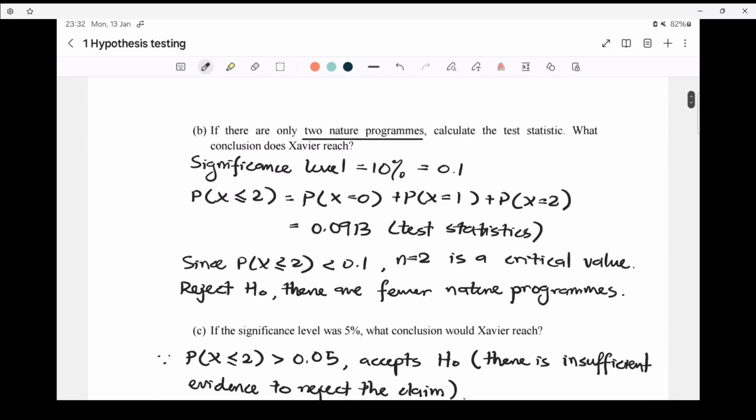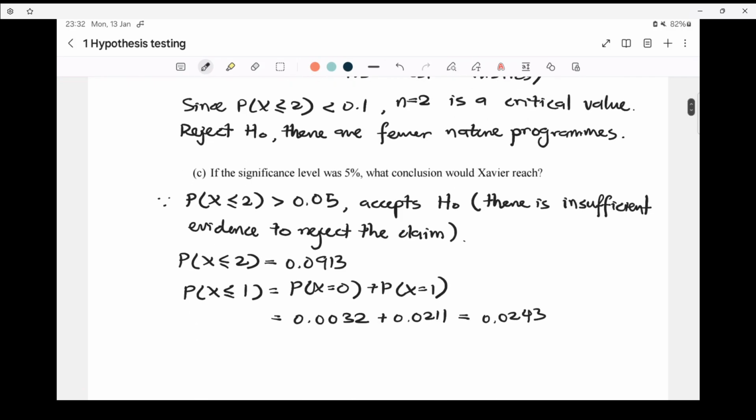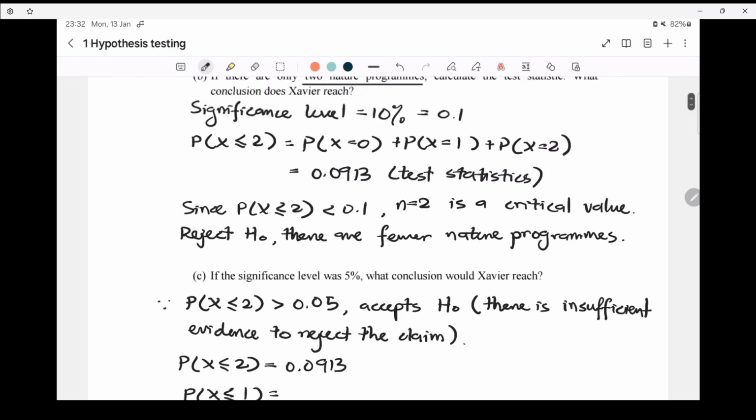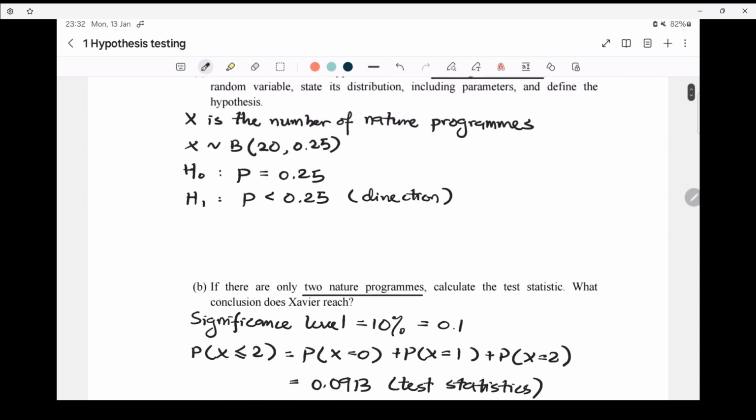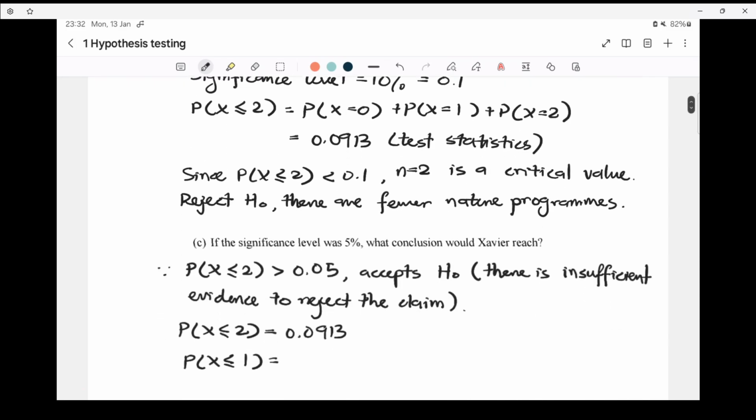Something doesn't seem right. Okay, so let's break it down. It's 20, 0.25.